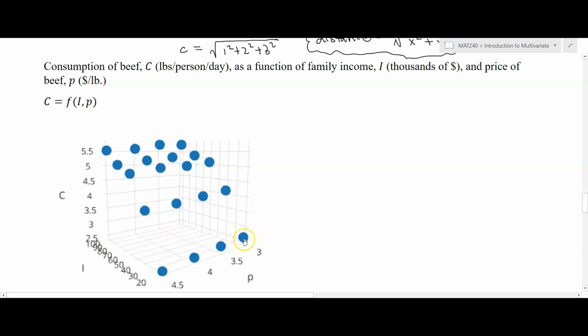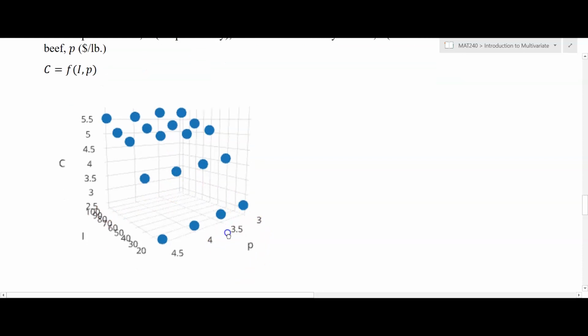If we look at this graph, if income is fixed at 20, then the price of beef versus the consumption, I could also label this axis consumption and call this 3, 3.5, 4, 4.5, 5, and 5.5 as the different consumption values.